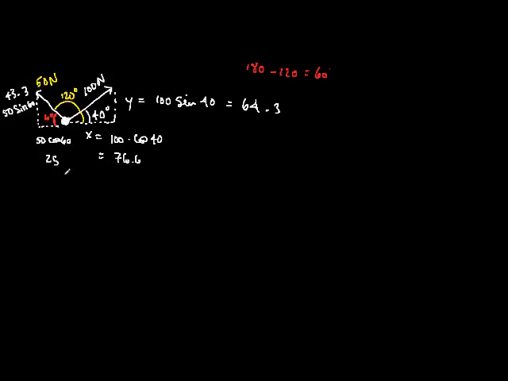So my first vector has components 76.6, 64.3. And my second vector has components negative 25, so this is negative because it's pointing in the left direction, comma 43.3.